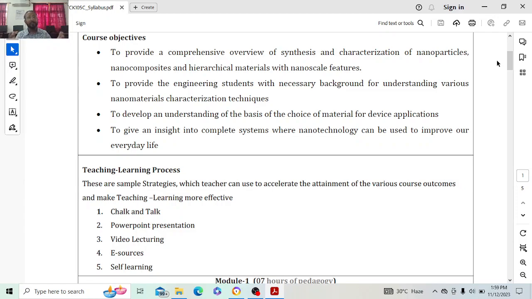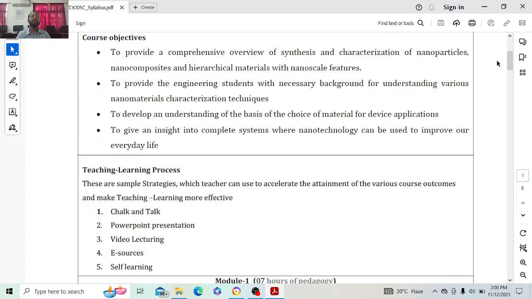Nanotechnology can be applied to that particular branch. How? Because in every field you deal with certain materials, and when you speak about materials, all these properties come in.